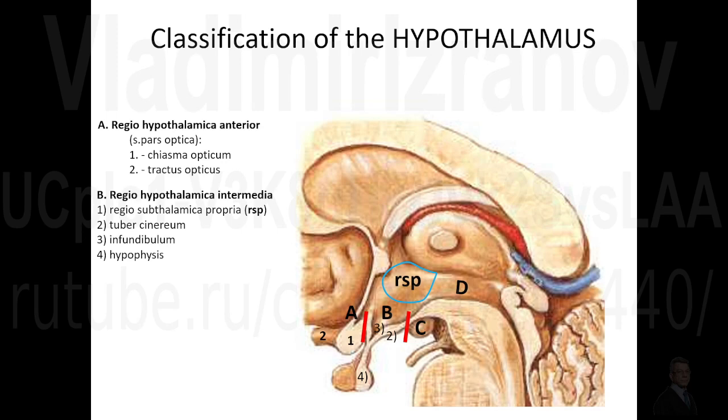This ectodermal protrusion grows towards the bottom of the future third ventricle. Thus, the 2 lobes of the pituitary gland have different embryonic origin, and as we will see later, their hormonal production is organized differently.